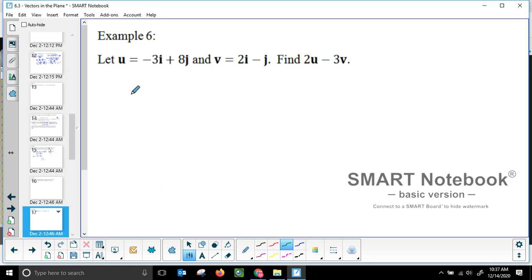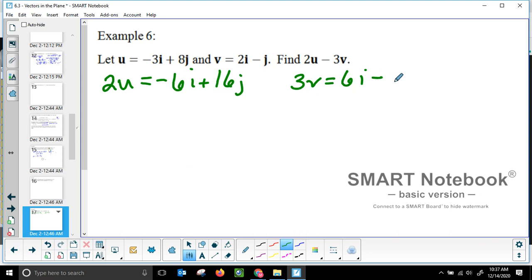All right, so if we're finding 2u minus 3v, first we can find 2u, and we just simply multiply u by 2. So this would be -6i plus 16j. All right, and 3v, we just multiply v by 3. So you get 6i minus 3j.